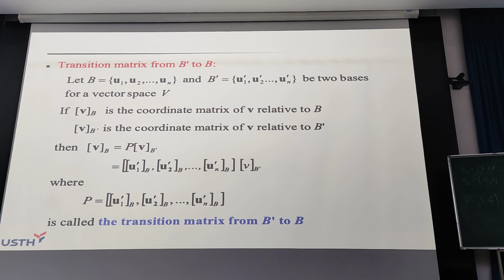In the Vietnamese textbook, it is named the transition matrix from B to B prime, not from B prime to B. I don't know why they have the difference like that. So if any of you take a look inside the Vietnamese textbook, you should be careful with that. Just the name, the definition is the same, but the name is different.